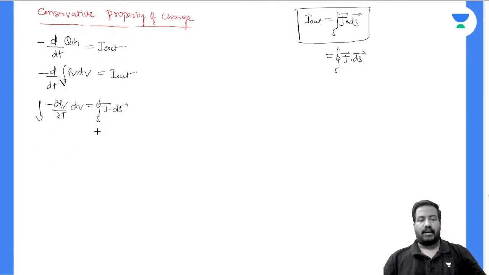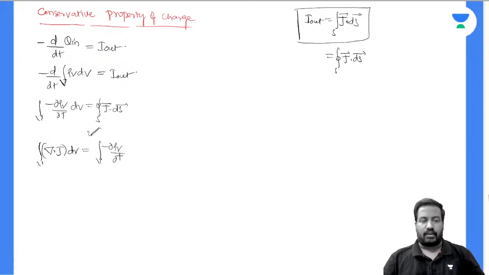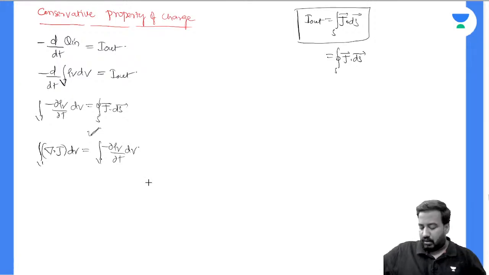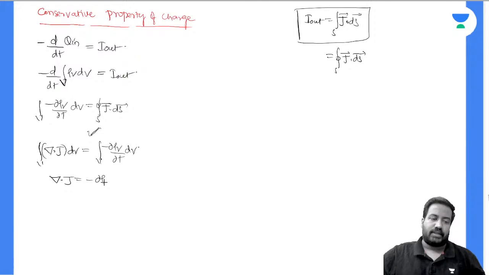Applying divergence theorem on the RHS, this is volume integral of del dot J dv is equal to volume integral of minus dou rho v by dou t dv. Clear? This implies del dot J is equal to minus dou rho v by dou t.